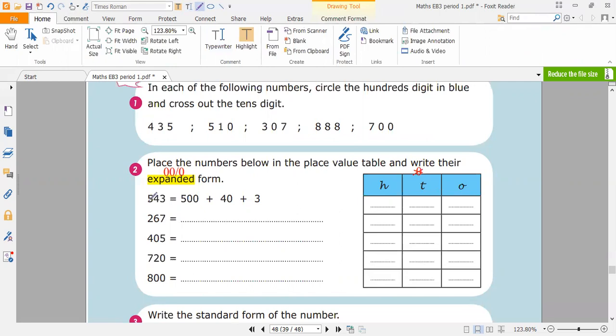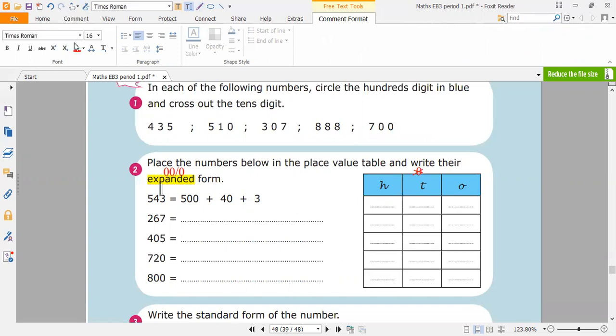So the first number, 543. As I know, in the places I start from the right. The 3 here is ones, the 4 here is tens, and the 5 here is hundreds. So from the right, ones, tens, hundreds.